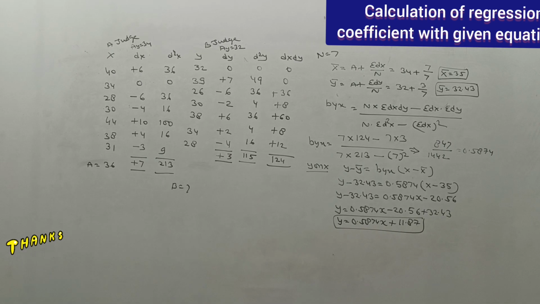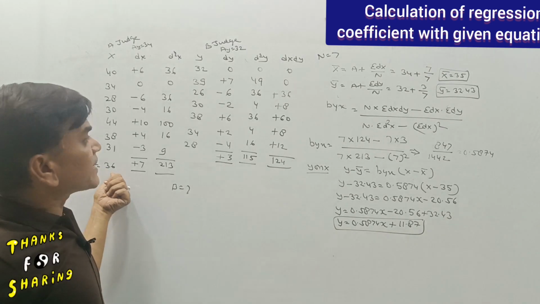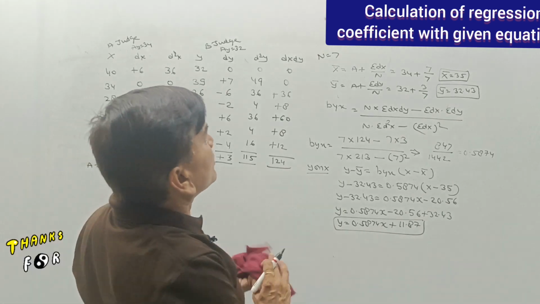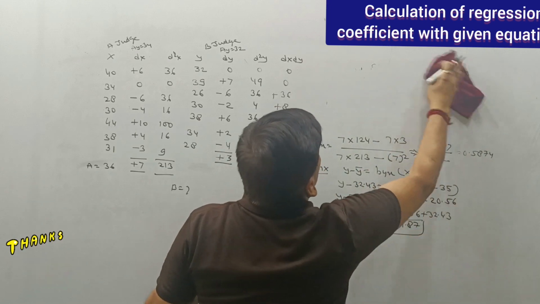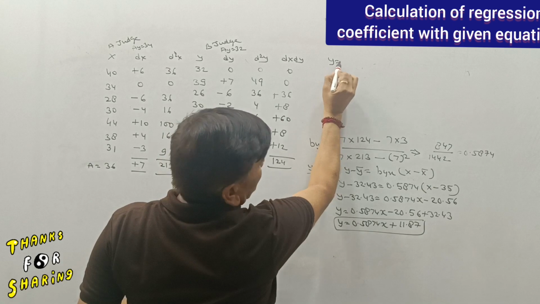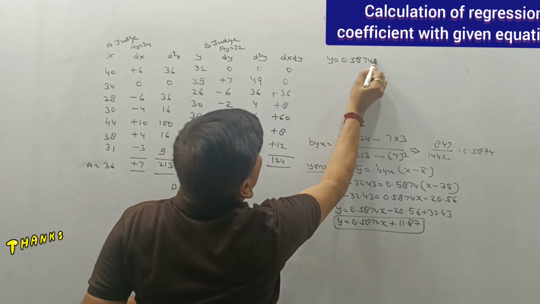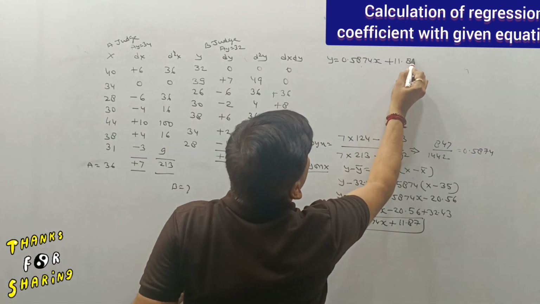Okay. Now the problem: if value of x is 36, then what will be the value of y? We are to calculate. Okay. So putting this value, y is equal to 0.5874 x plus 11.87.